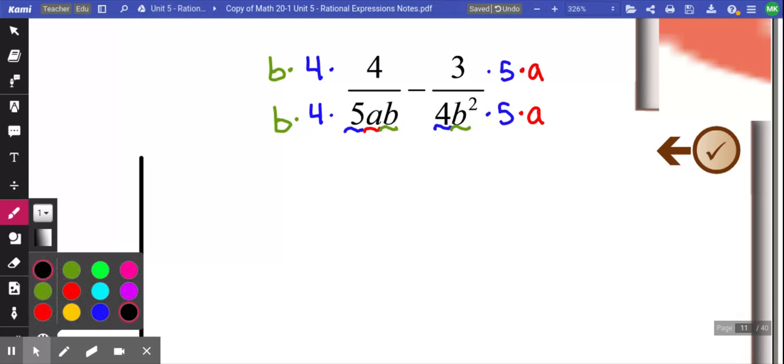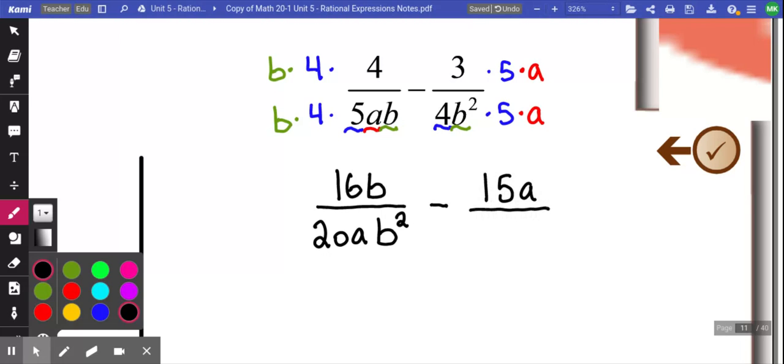This gives me 16b divided by 20ab squared minus 15a divided by 20ab squared.